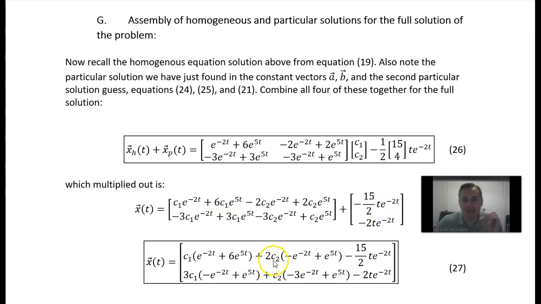And if you just add them, literally adding the components, you can even factor out a c1 if you like and a c2 if you like and some coefficients. But this is as good as the final answer is going to look for the final vector x as a function of t. Notice now we have a single column vector, 2 rows and 1 column, so 2 by 1. So this finally ends the problem.